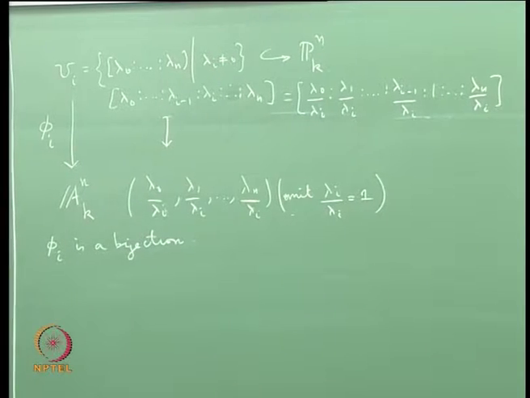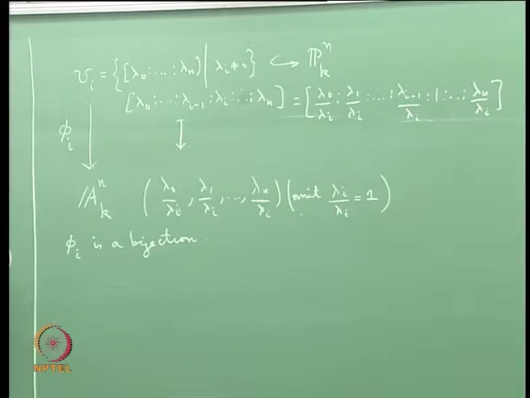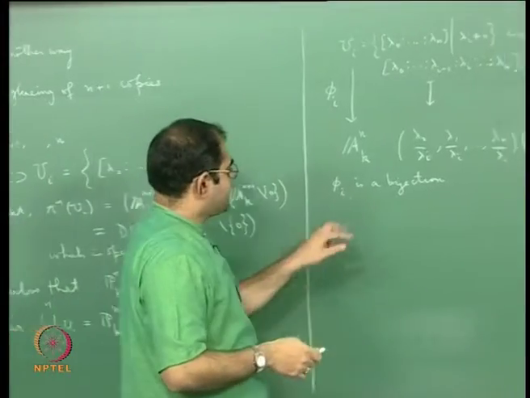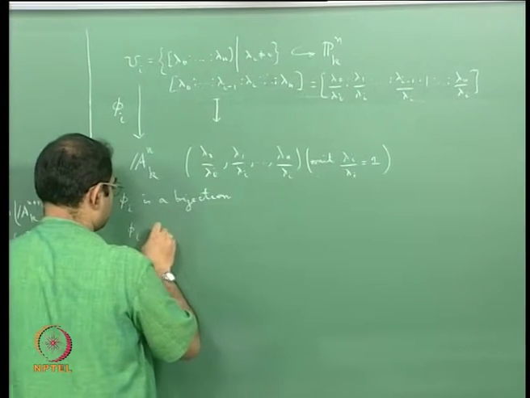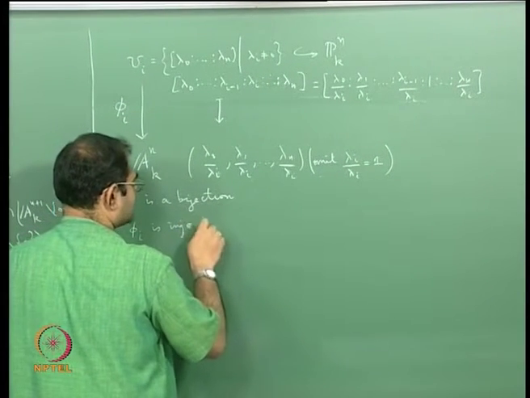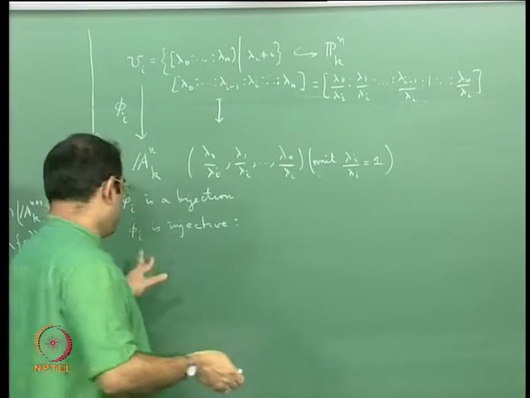Why is it a bijection? Phi i is injective and surjective for the reasons I just said, but anyway, if you want, you can write it down. It's not a big deal.